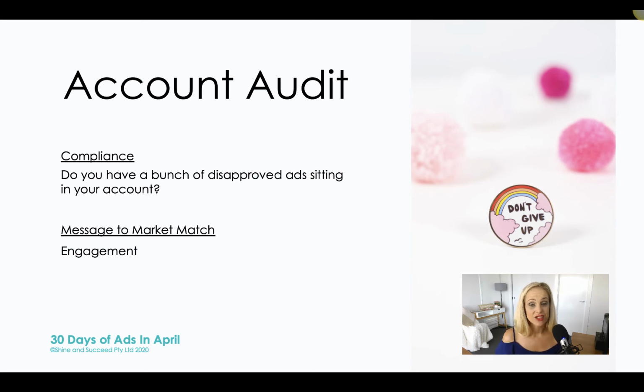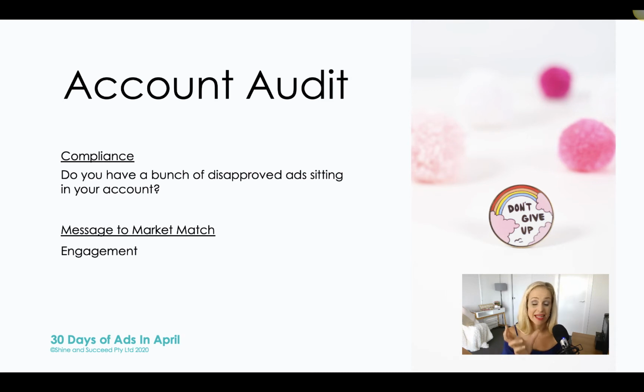Also important is to go in and see why they may have been disapproved. We've had someone come to us and say they have had so many ads disapproved and they don't understand why, because they're doing everything according to the policy. When we dug a little bit deeper, we noticed something as simple as adding a URL in a space where you should be adding a headline, or adding a headline where you should be adding a URL, which is against the policy.